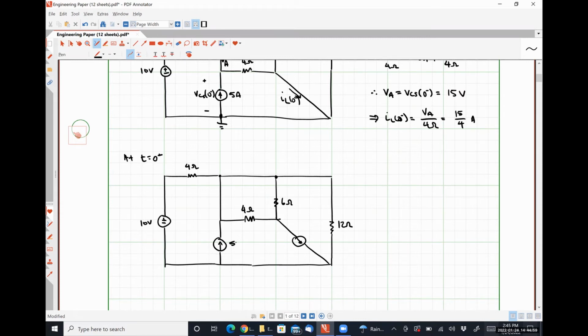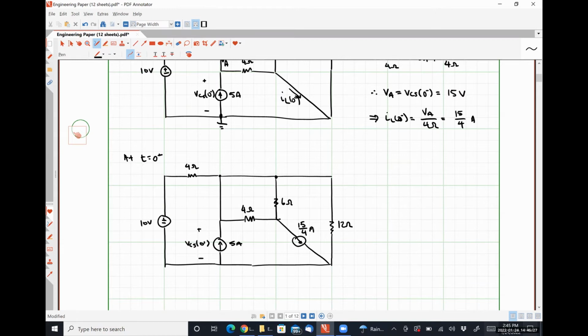This is 5 amps. Here's VCS at 0 plus, which we're interested in. We know that this current here is 15/4 of an amp. And from this point forward, we actually don't need to know what IL is doing for the rest of the circuit. We can only concern ourselves with solving for VCS and we'll get all the information that we need.